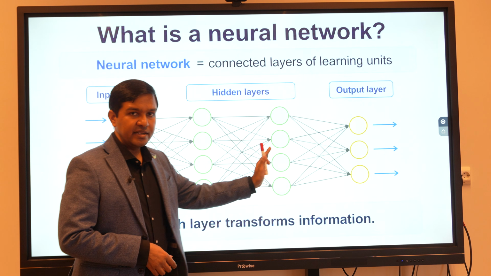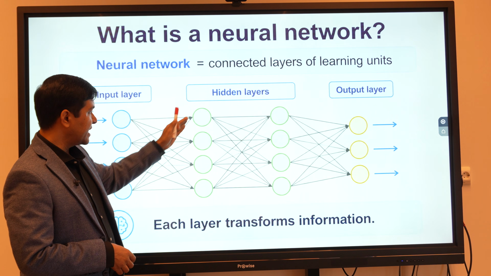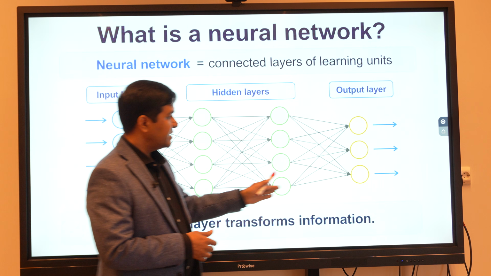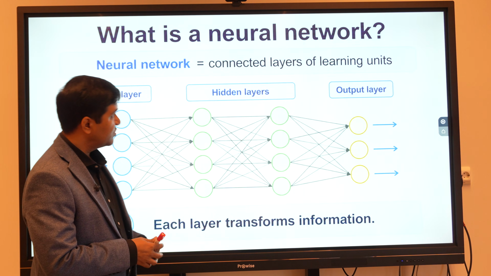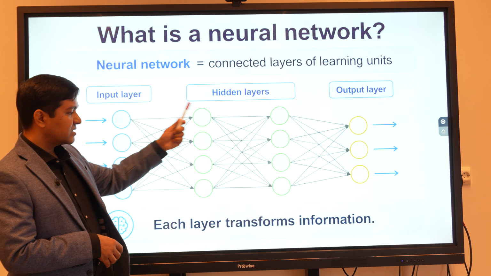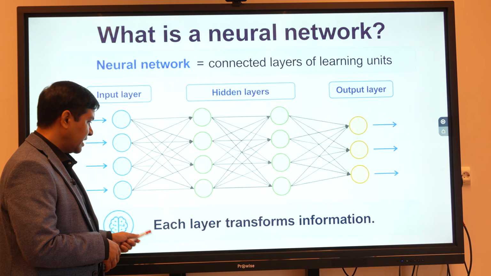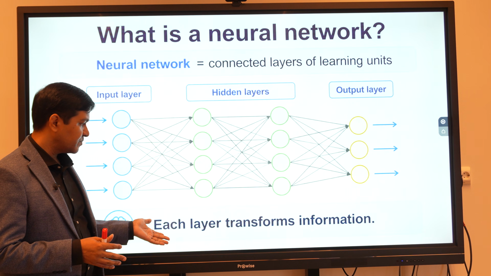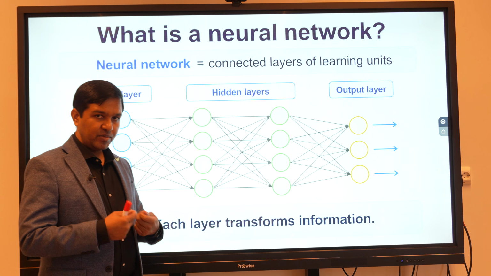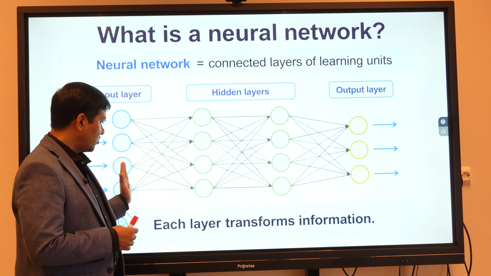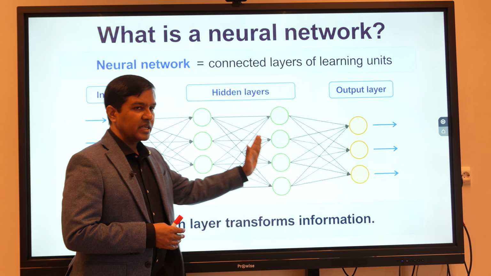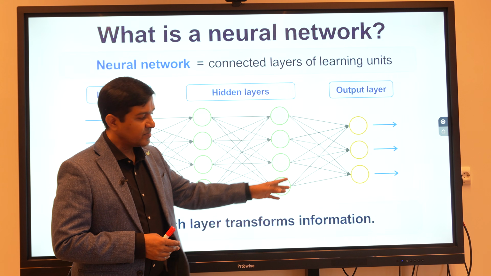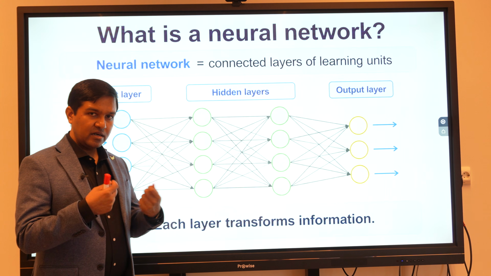Then there are many hidden layers, which can be connected to each other fully or partially, and then there is an output layer. This is the representation of a neural network, and modern deep learning systems are built on this kind of architecture. Each layer has the ability to transform what is coming in into something else by doing some kind of nonlinear operation, and internally it is learning some representation.